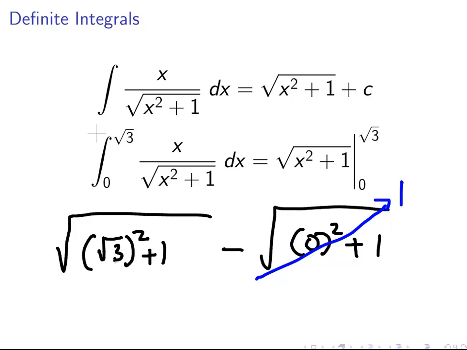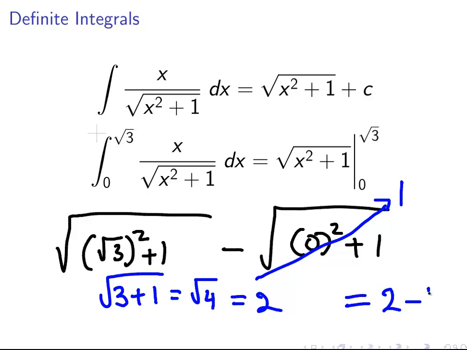The square root of 3 squared is 3 plus 1, the square root of that is the square root of 4, and that is 2. So the answer is 2 minus 1, and therefore the answer is 1.